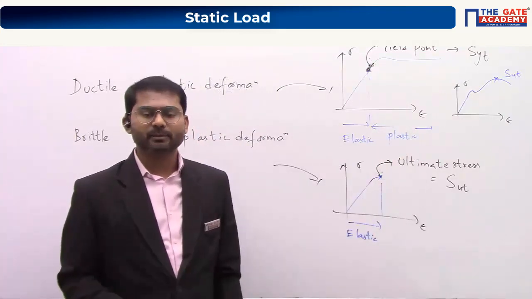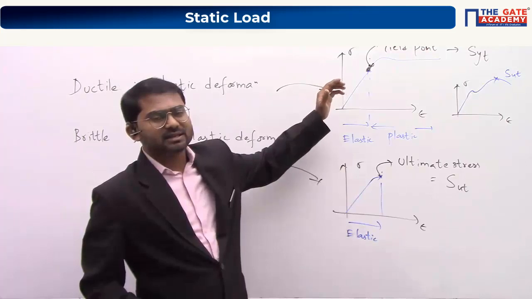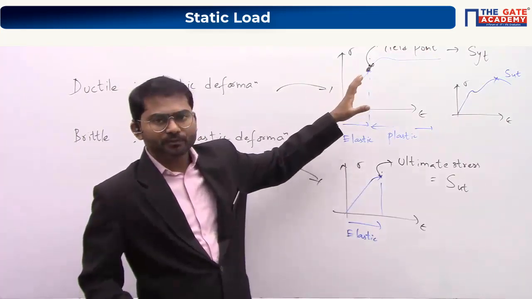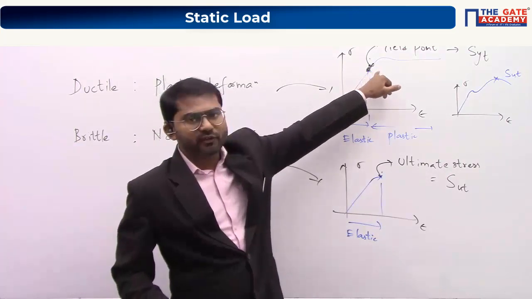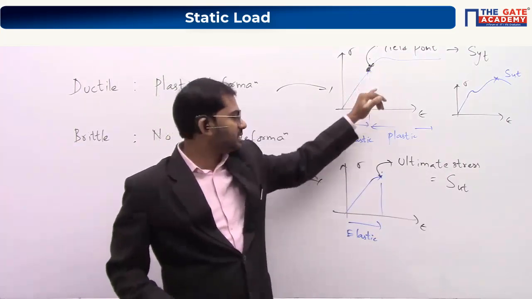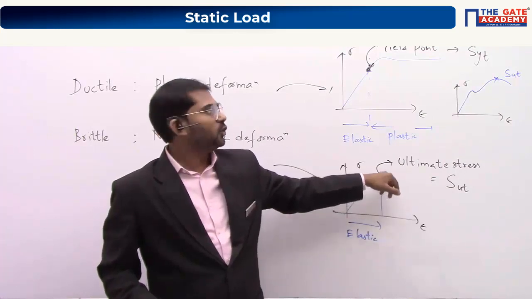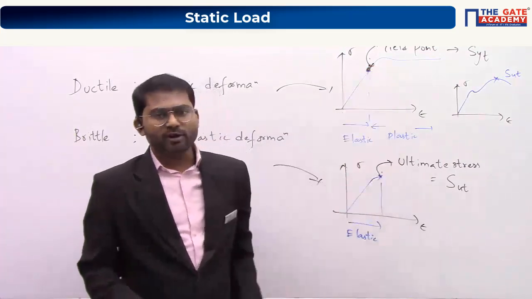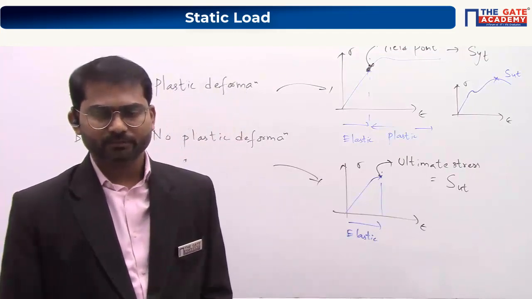Are you able to understand here, everybody? So these particular stresses are taken as stresses at failure. The point for stress at failure is the yield point in ductile materials and the ultimate stress in brittle materials. These two points are very, very important for ductile metal and brittle metal respectively.